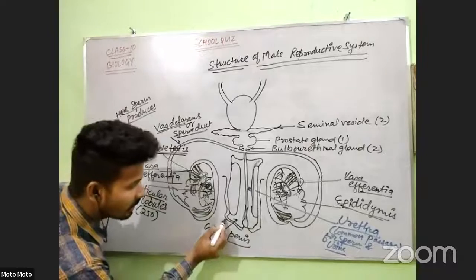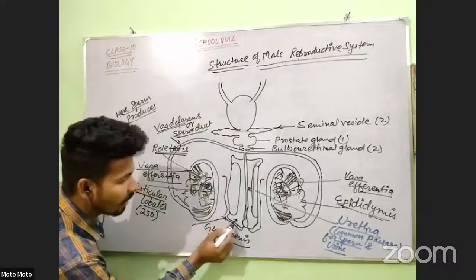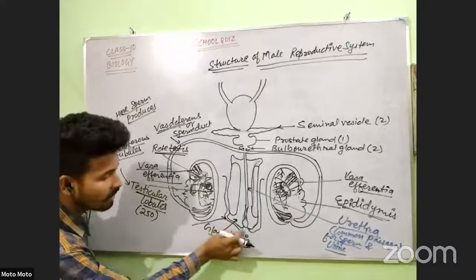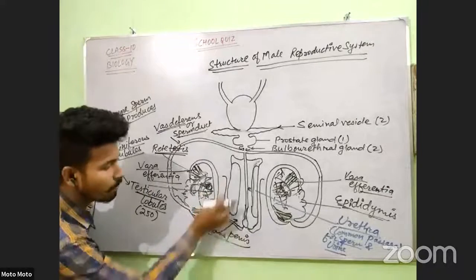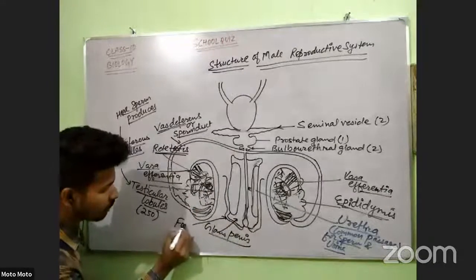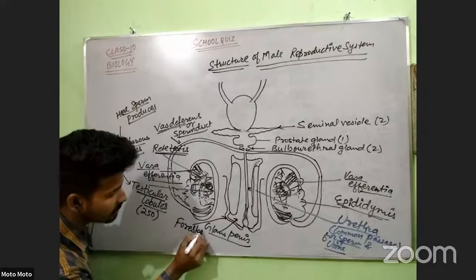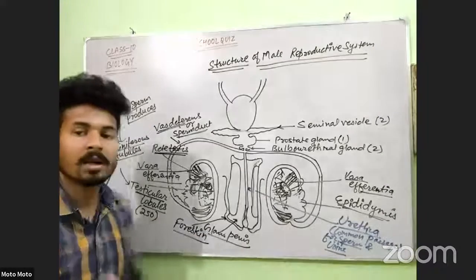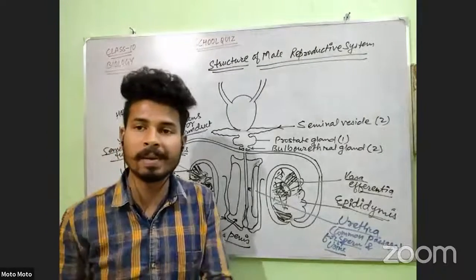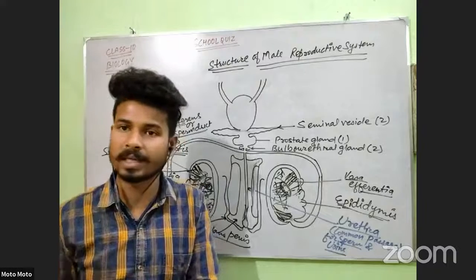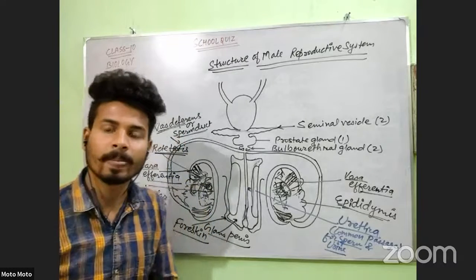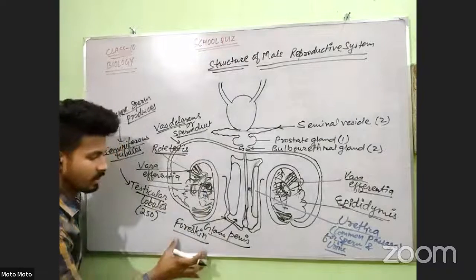And above the penis, we will have a layer of covering, and that layer of covering is called the foreskin. So when we are asked about the covering of the glans penis, our answer will be the foreskin. Got it? Anyone? No doubts? No, sir.